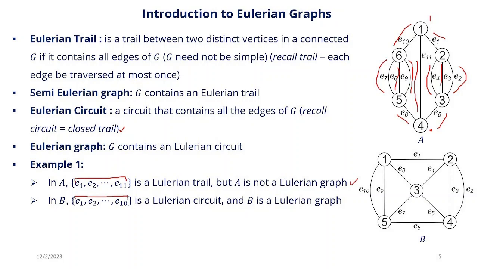So if we start from 1 and we follow E1 to 2, and then we follow E2 to 4, and we follow E3 back to 2, follow E4 to 3, follow E5 to 4 again, follow E6 to 5, follow E7 back to 3, following E8 back to 1, following E9 back to 5, and then following E10 back to 1. So we started at vertex 1 and we return back to vertex 1, and that's what makes it a closed trail. So that's the reason why graph B is an Eulerian graph.